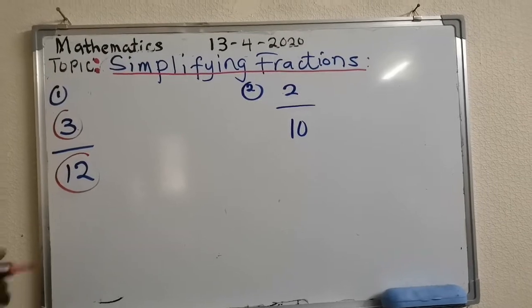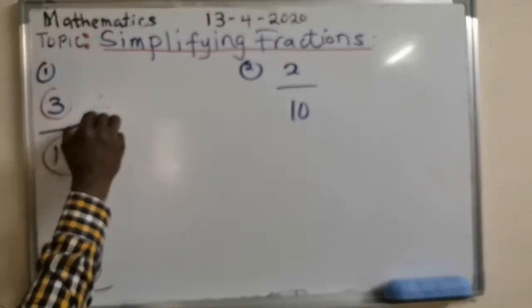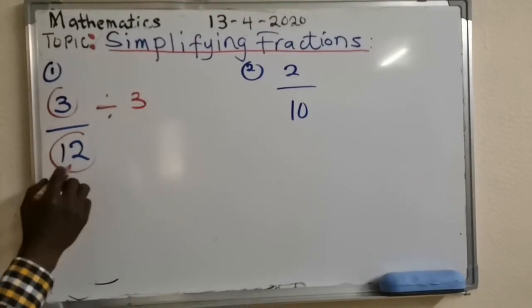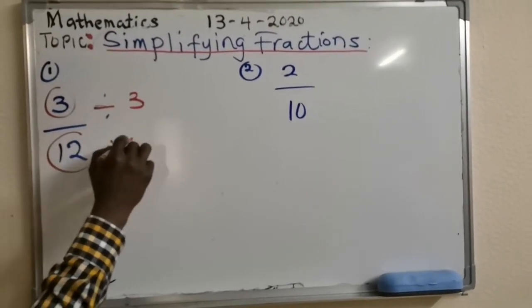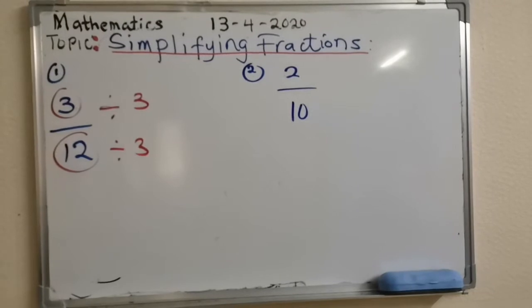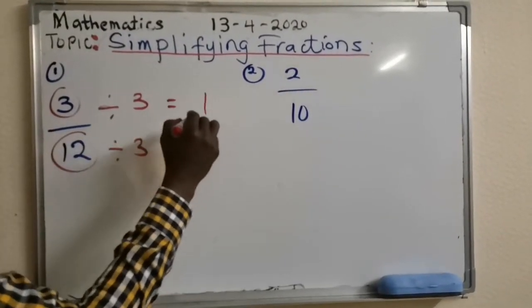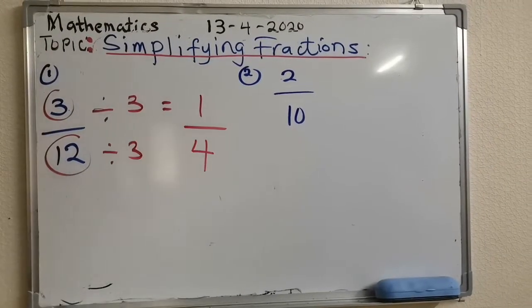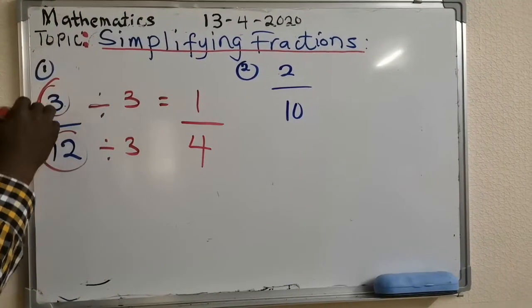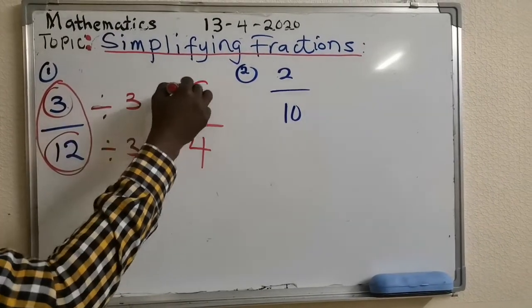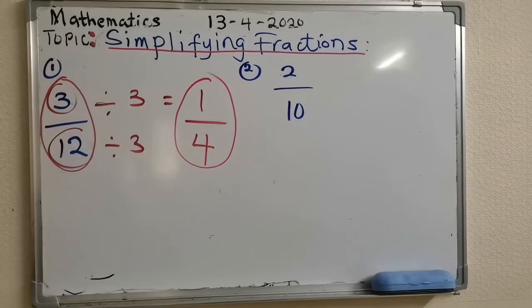The first step is to divide the numerator by 3 and then divide the denominator also by 3. 3 divided by 3 will give us 1, and 12 divided by 3 will be 4. So when you simplify 3 over 12, our answer will be 1 over 4.